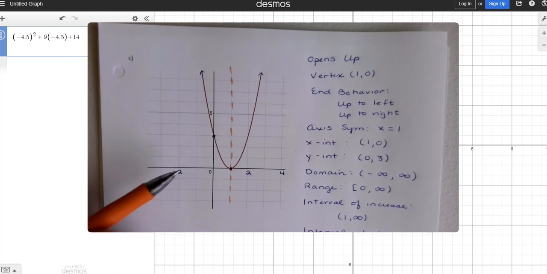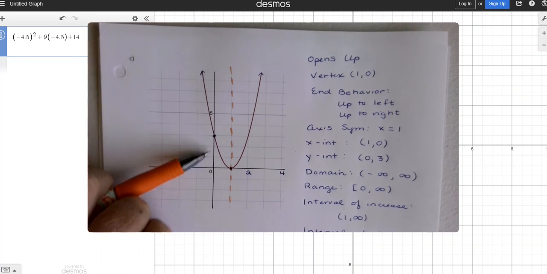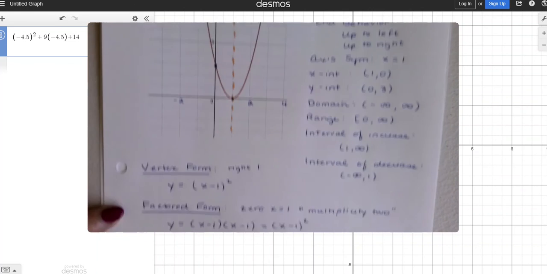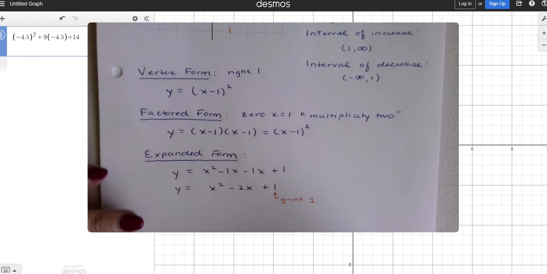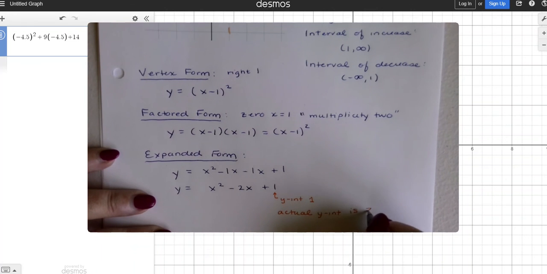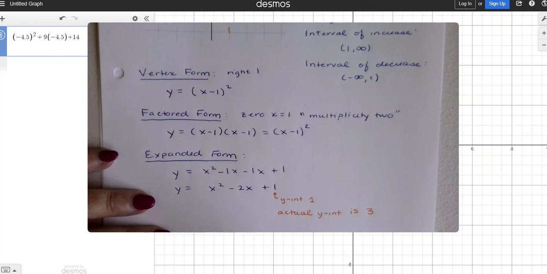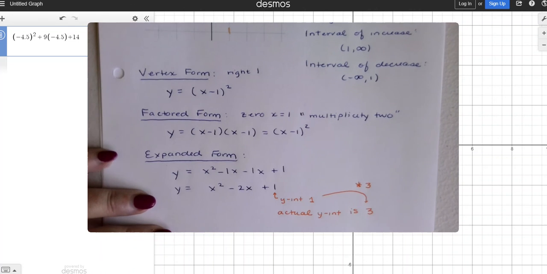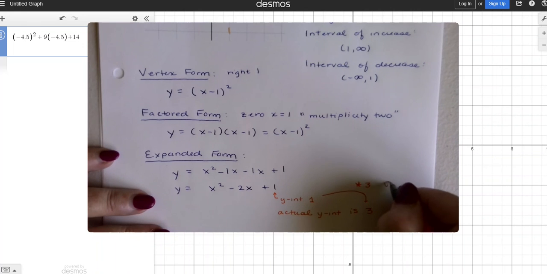To make this go from 1 to 3, I have a vertical stretch of 3. So since the actual y-intercept is 3, I'm going to need a multiplier of 3.